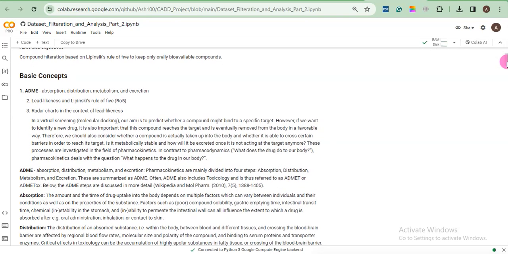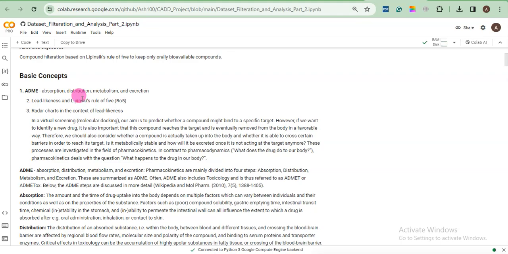So first of all, there is some basic concept. It was not included in my first part but will be included later on, because I mentioned in part one that my mode of delivery will be a kind of teaching also. So first you should know about the basic concept.